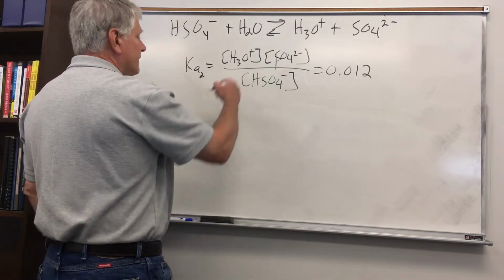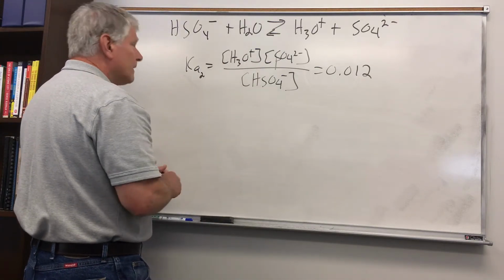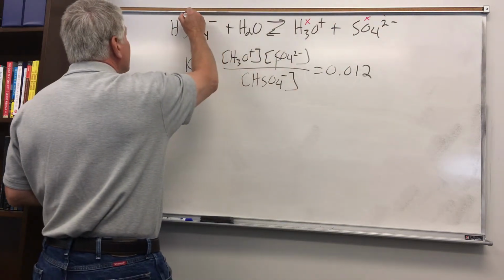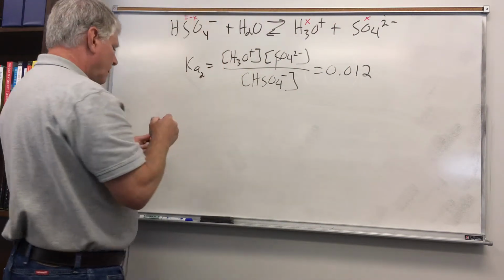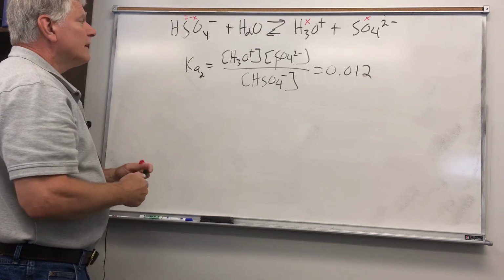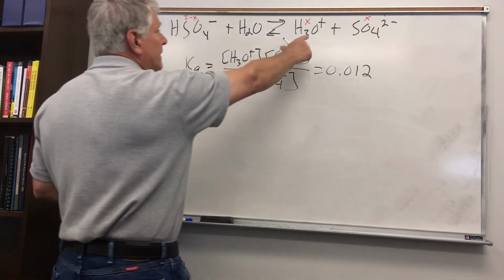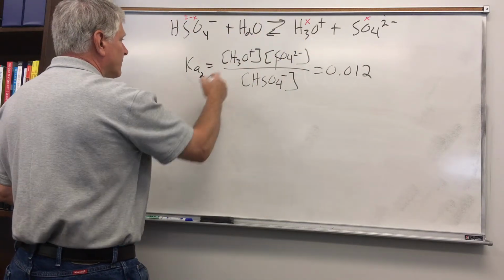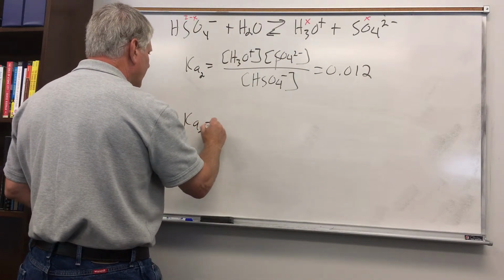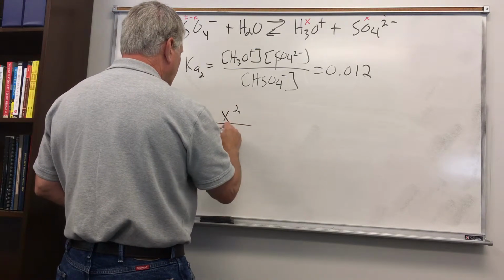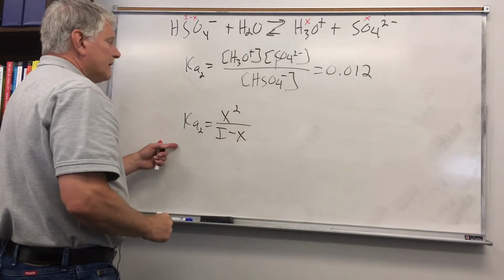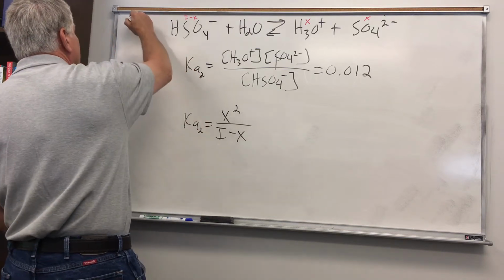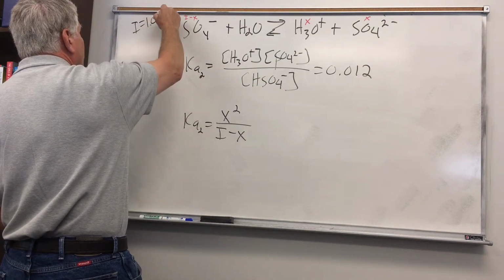So in this case, we can use our equilibrium tools, and so we can just let x be the amount of H3O+ formed from the second reaction and plug it into the equilibrium expression. And let's say we start with 1 molar, so I is 1.0 molar.